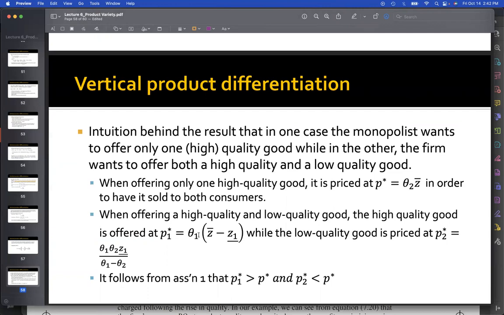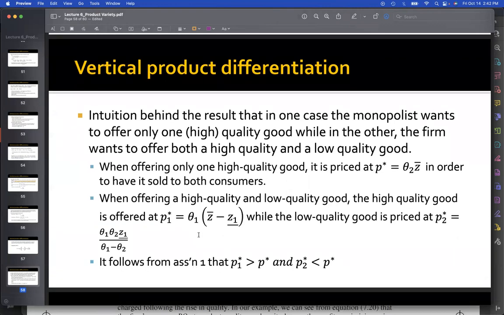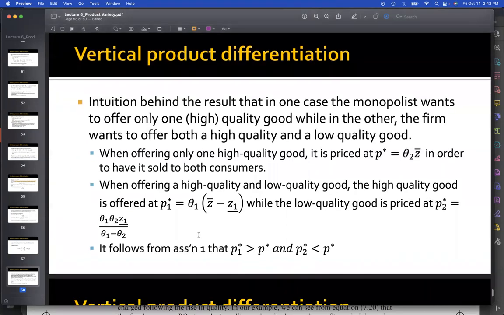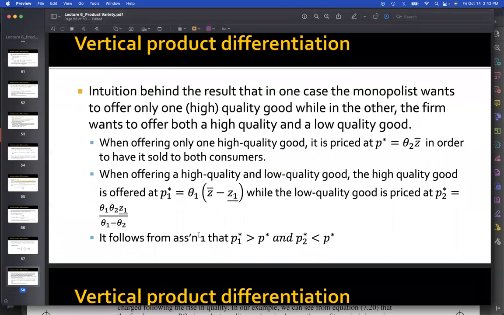When offering high and low quality, you'd want to lower Z2 as much as possible, but not necessarily to 0, because you want group 2 to buy something. And you don't want to have the quality of group 2 too high, because you don't want to tempt group 1. When offering a high quality and low quality good, the high quality is offered at this one, while the low quality good is priced at the following.